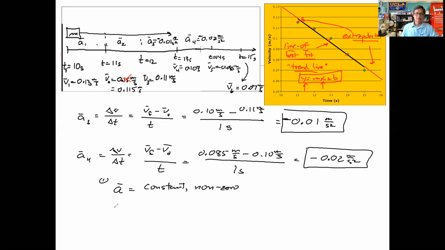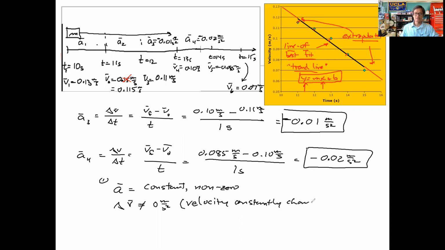which means then the change in velocity is not going to be equal to 0. Okay, which means then the velocity constantly changes.